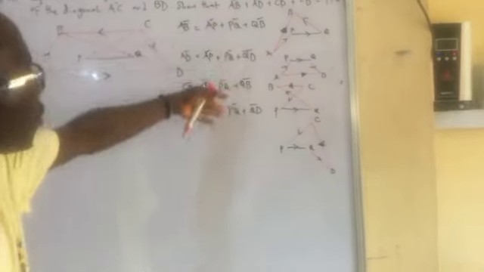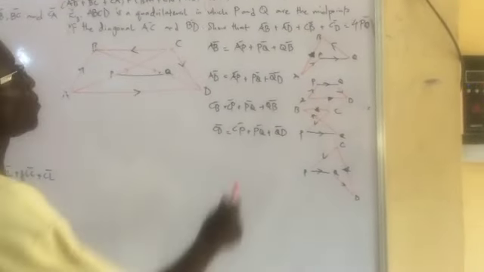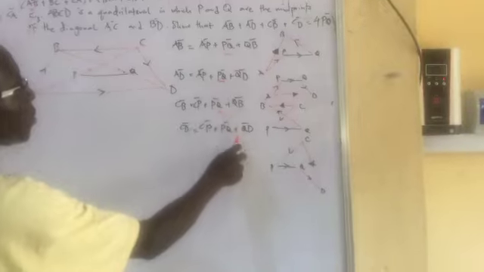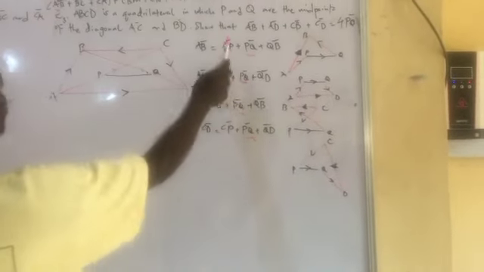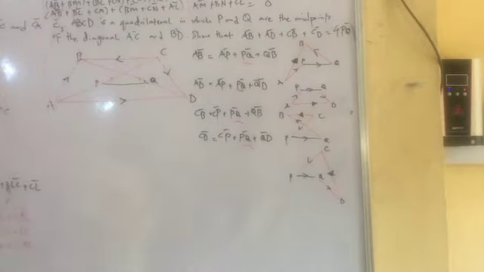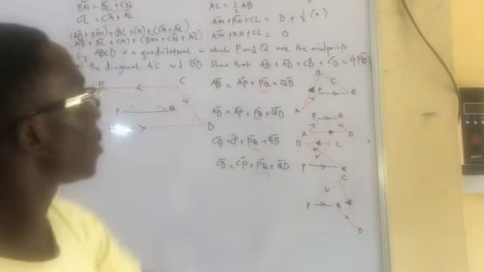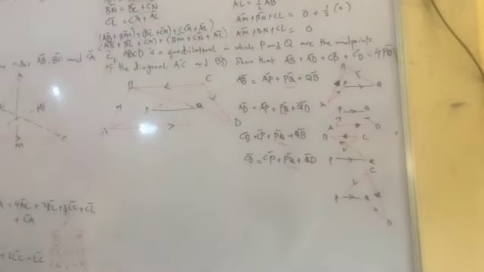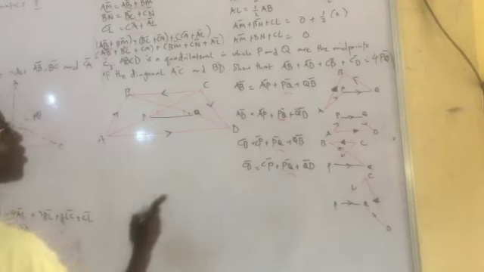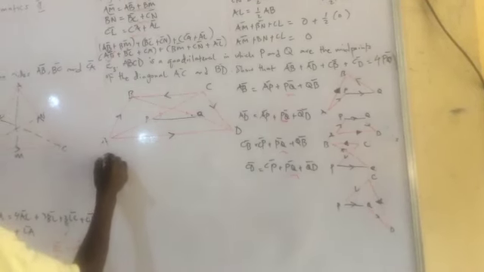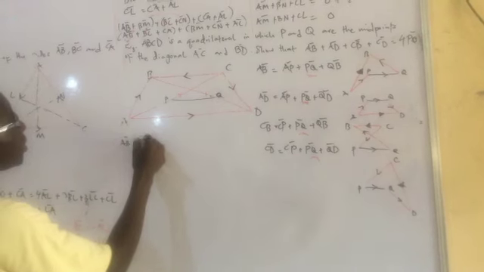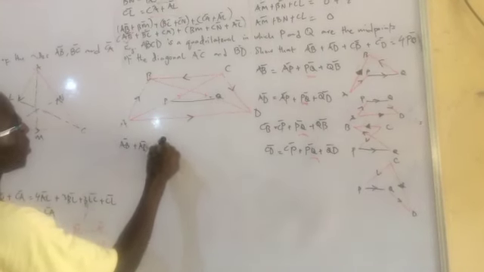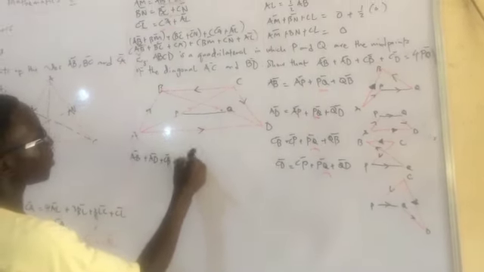So we have the 4 vectors defined now. We notice that PQ is common, and we also have some that are also common too: AP, CP, QB, QD. So when we are arranging the vectors together, we will know what to do. So now let's proceed. We have AB plus AD plus CB plus CD.